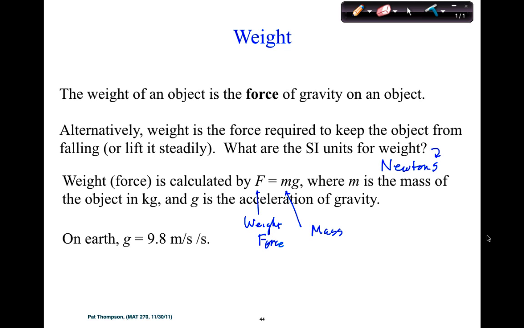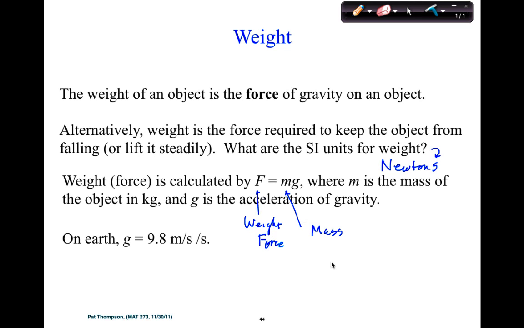So when you come to problems and you need force, because they're doing work problems, we're going to need force. If they give you the mass, you're going to use mg. They give you kilograms. But if they give you pounds, are you going to have some equation like this? If they give you things in pounds? No, because you already have weight. That is weight force. That is force. So in metric problems, when they give you kilograms, you'll have this initial step to get the equivalent weight force.